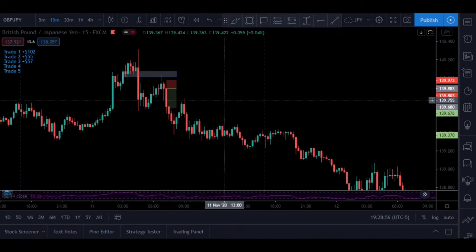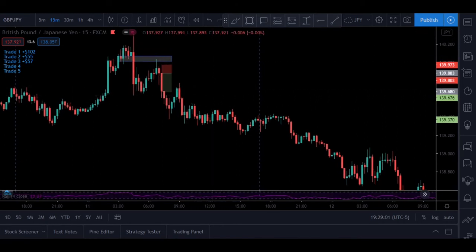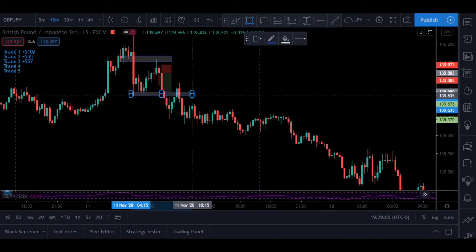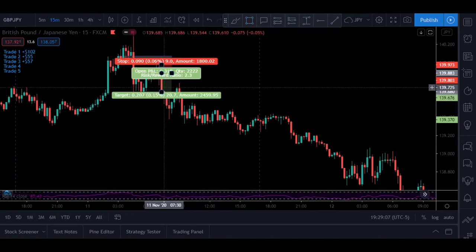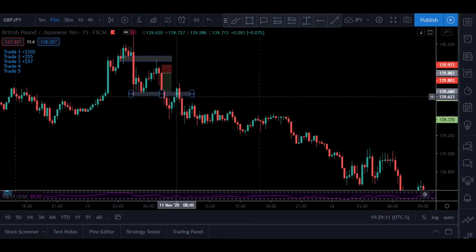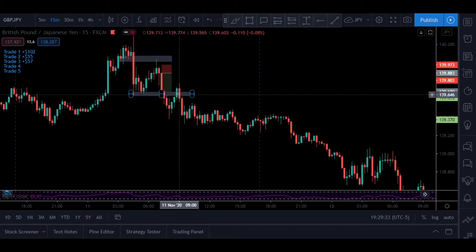In this day, actually, we could have taken another trade. Why? Because we had this low, we had this level, price broke through it, came back up, this candle closed bullish above it, but in order to take a buy, we would have to wait for a confirmation, some sort of retest or an FTR.